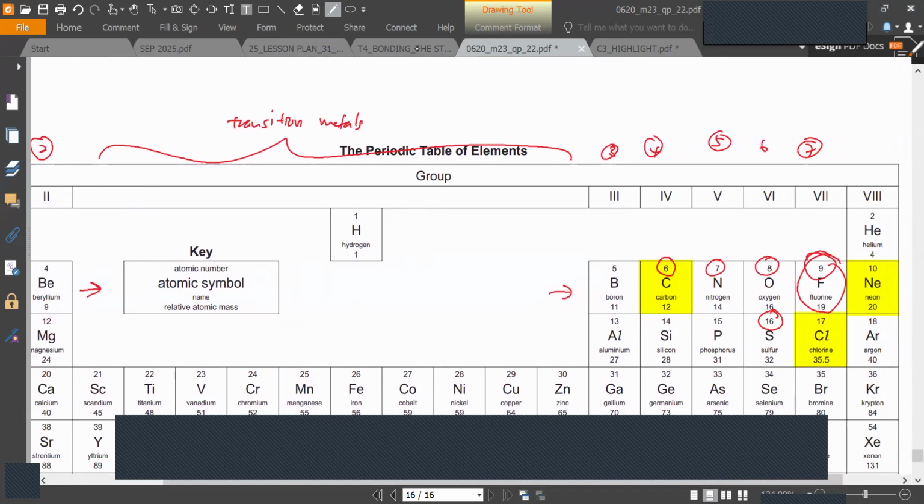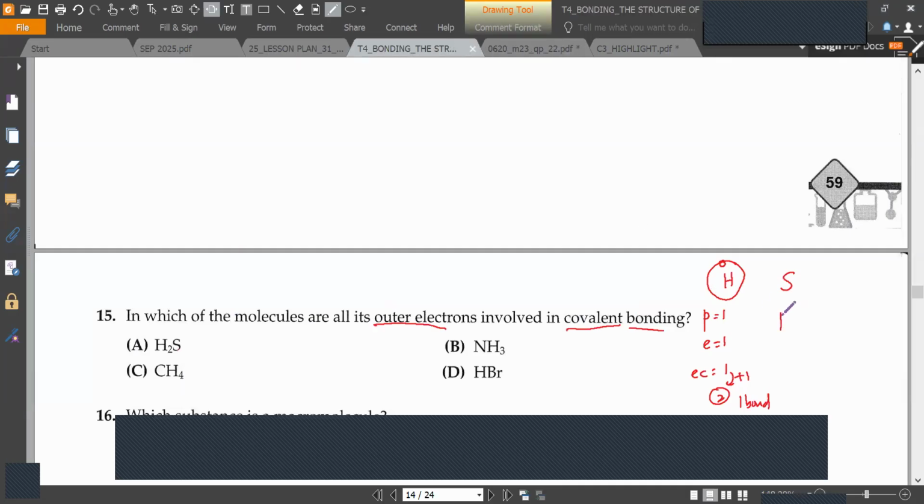So sulfur is 16, configuration 2, 8, 6, so it needs to get to 2, 8, 8. So it needs 2 more electrons. It will share 2, get 2, so it will form 2 bonds.